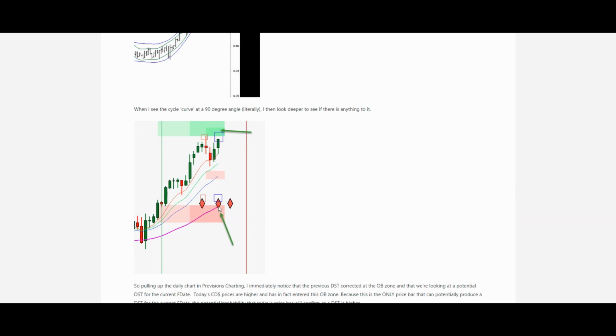Now over here, if you'll notice, for example, the prior day, which was the 14th, was exceeded by yesterday, which was the 17th. So we can eliminate this, of course. And I already know that today prices went higher, so you can eliminate the 17th, which makes the 18th very high probability to become a top because it is now at the extreme end of the available window for that F date.